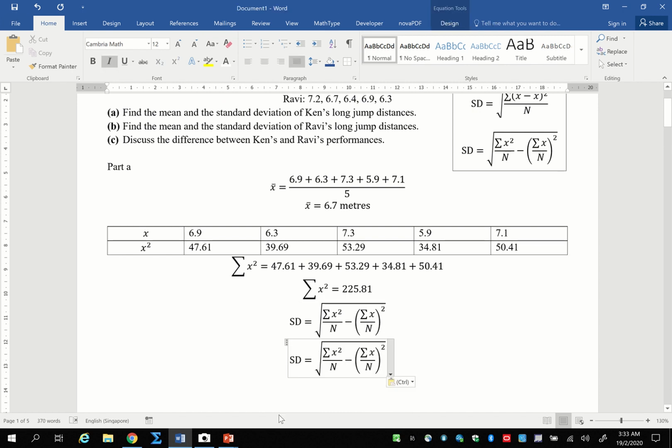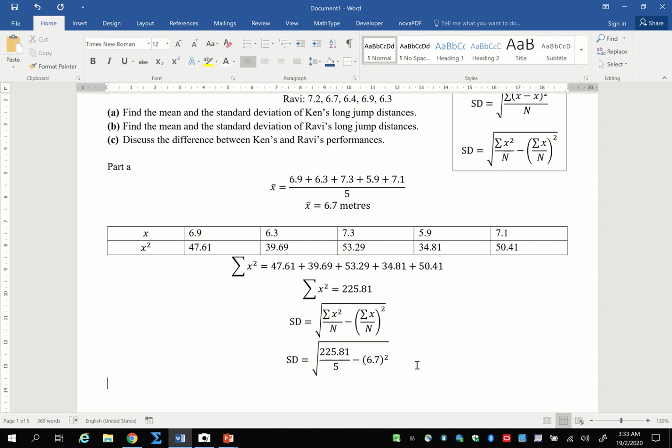So we have the sum of x squared, which is 225.81, n is 5, and the mean is 6.7, so plug in 6.7 squared.